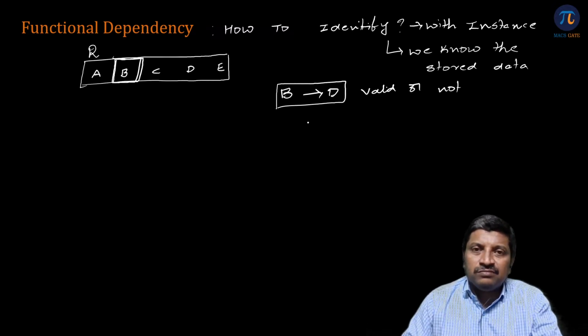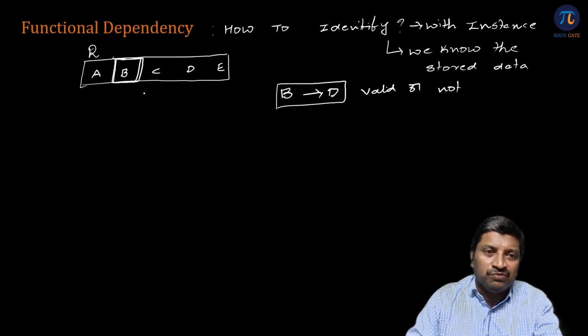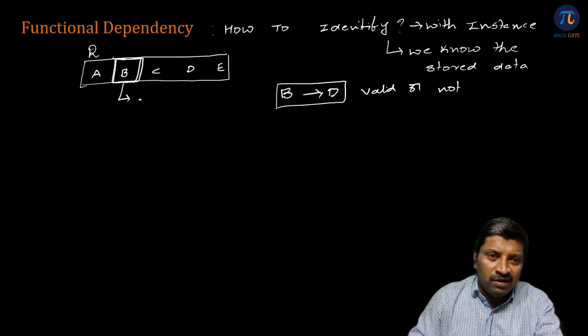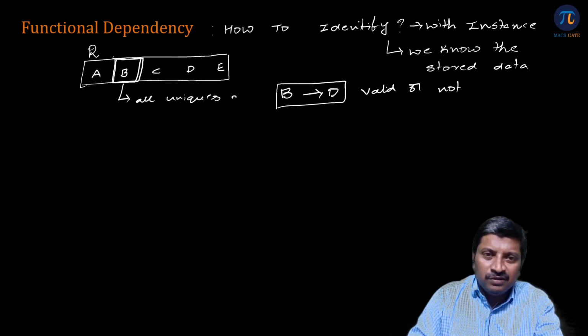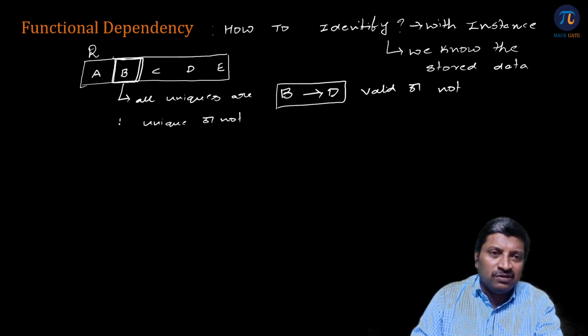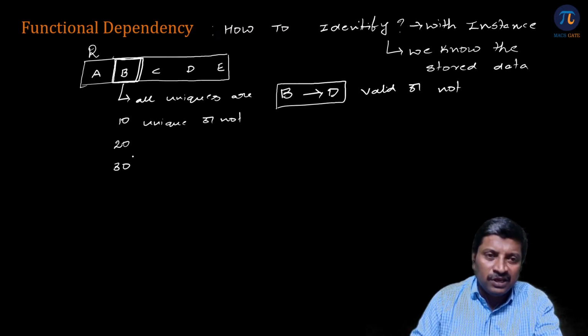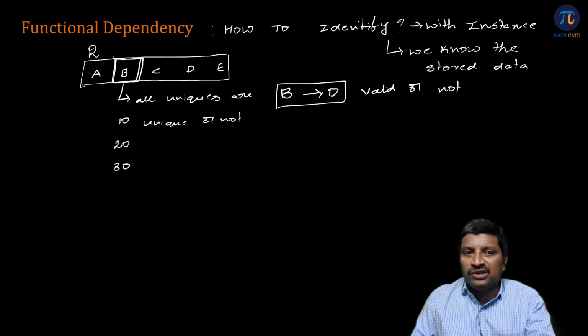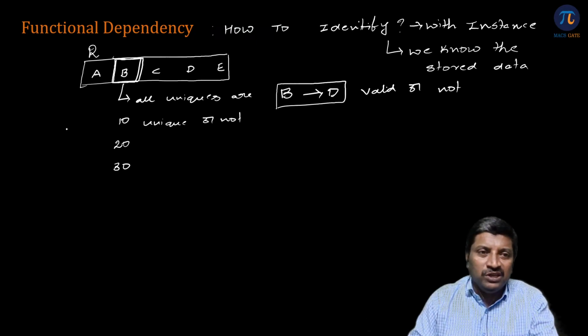For that, the first one is we need to verify whether all values of the particular column B are unique or not. Suppose I have the values 10, 20, 30, so I have only 3 rows.